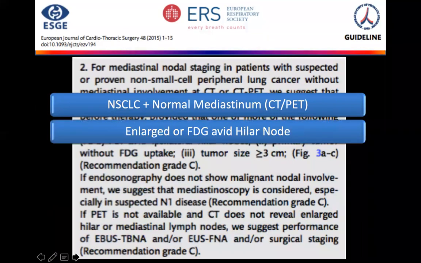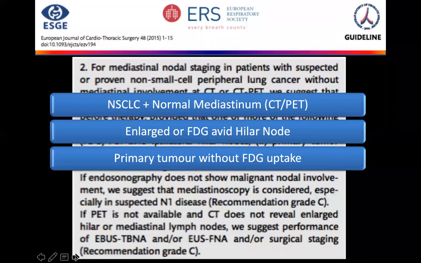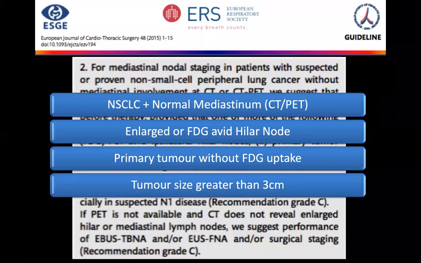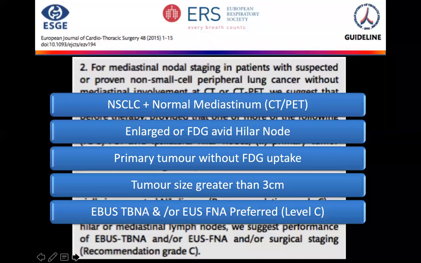So the guidelines say that if the mediastinal lymph node is enlarged, or if the hilar lymph node is FDG positive, and the primary tumor doesn't take up FDG, or if the tumor size is greater than 3 centimeters, then EBUS or EUS should be done.